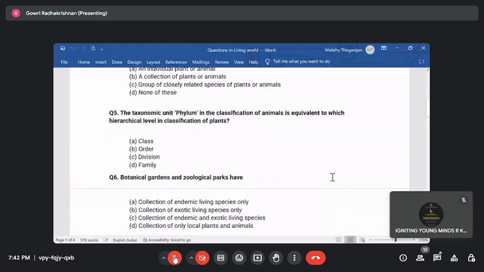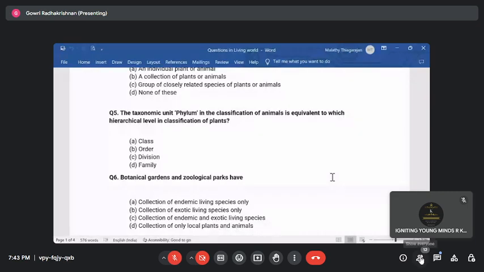Question number 5. The taxonomic unit phylum in the classification of animals is equivalent to which hierarchical level of classification of plants? Ma'am, option C, division.